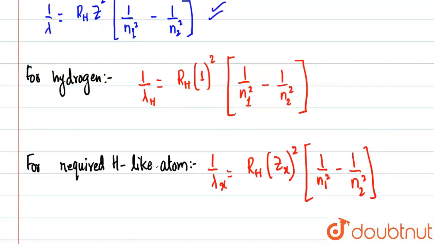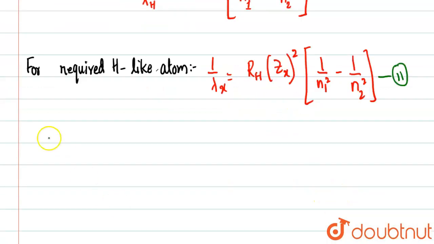Basically they will go from the same initial state to the same final state, so n1 and n2 will be the same in both. So we'll name them 1 and 2 and divide. It doesn't make any difference if we do 2 divided by 1 or 1 divided by 2, so I'm doing 1 divided by 2.